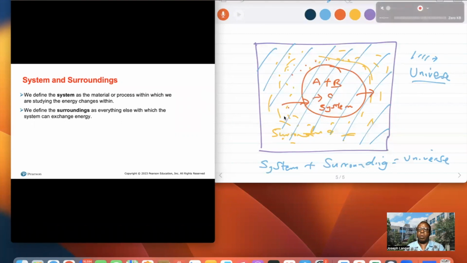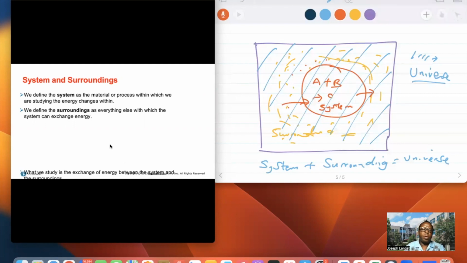Remember, you don't say the surrounding releases heat to the system. Is the system absorbing heat or releasing heat? This is where you need to conceptualize that you are in the system, and the heat is released to or absorbed from the surrounding. We study the exchange of heat energy between the system and the surrounding.